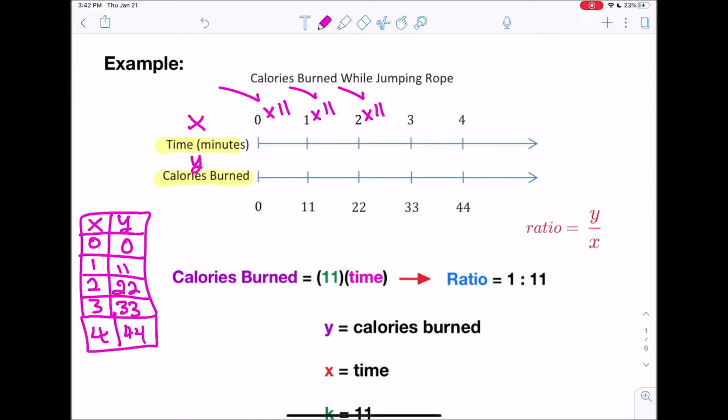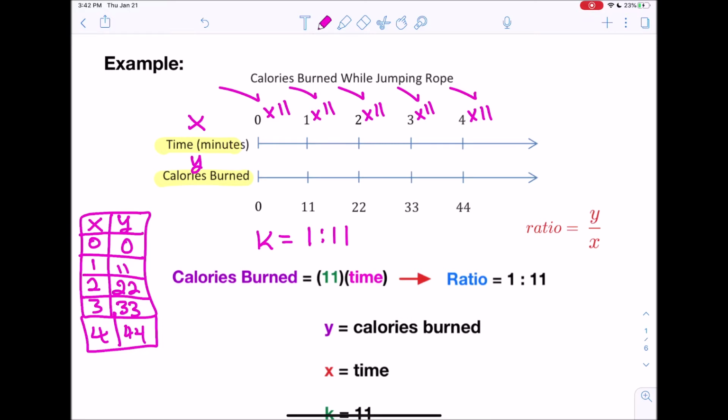Yep, that works. 3 times 11, does it equal 33? Yep, that works. And 4 times 11, does it equal 44? Yep, that works too. So that means our ratio x to y is going to be 1 to 11.